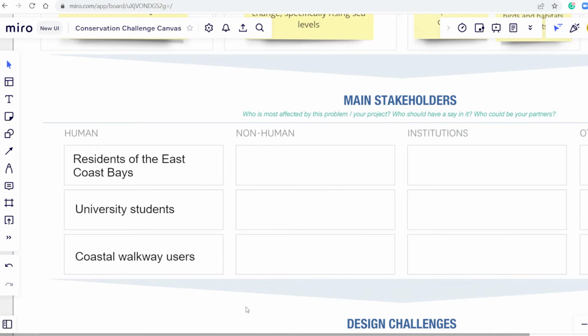The non-human box is where you can write down specific species, ecosystems, places, ecological events, and even in some countries, places are considered beings. So that could be a mountain or a river. You could also consider spiritual beings or deities. Anything that you would categorize as non-human.